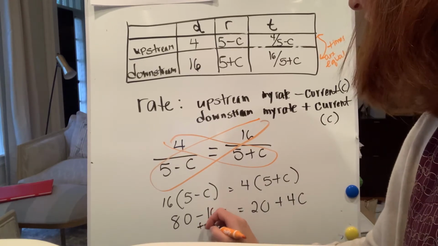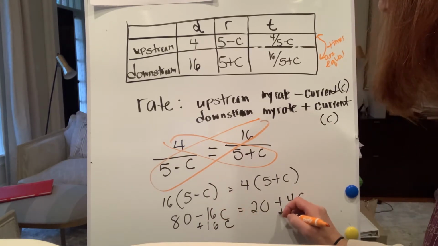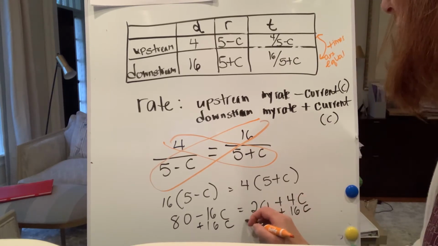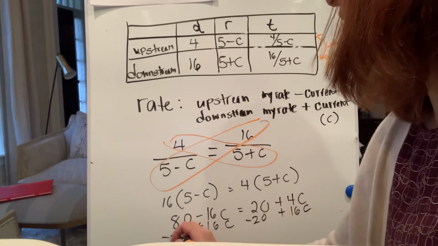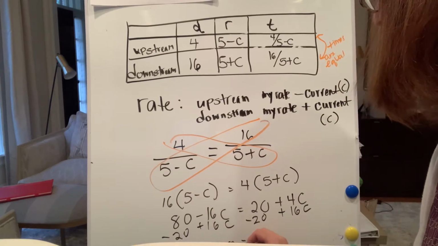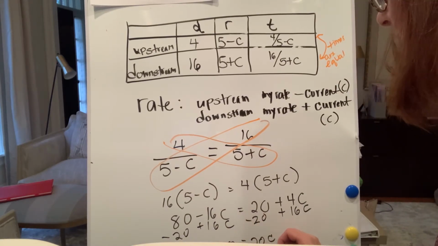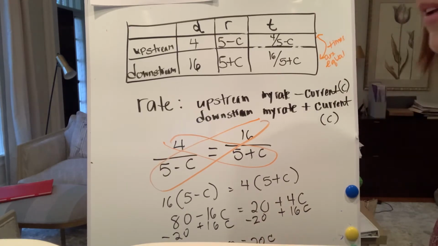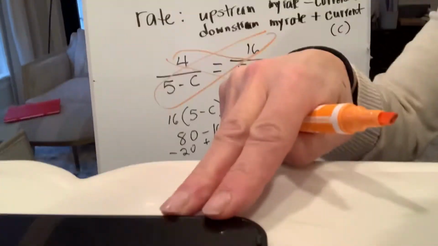Going to add 16C to both sides. I'm going to subtract 20 from both sides. So I get 60 equals 20C. Divide both sides by 20.